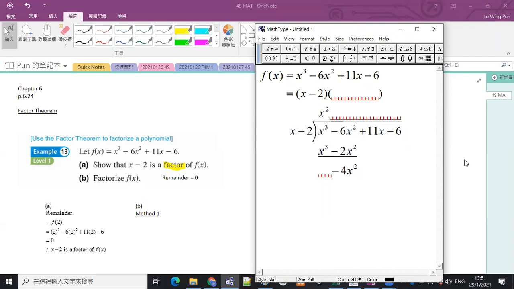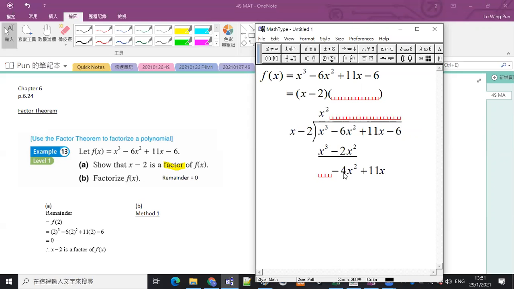Okay, and because the divisor has 2 terms, so each time we need to pull down one more term to make it to be 2 terms. Okay, so pull down one more term to make 2 terms here. And then for the second round, we need to determine what number should I multiply to x to get the negative 4x squared.